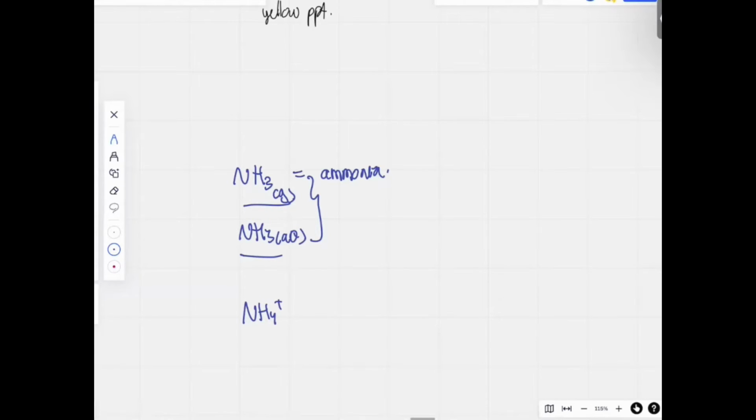Then you have ammonium, NH4 plus. Ammonia is a weak base, and this NH4 plus here is a weak acid. Why is it a weak acid?